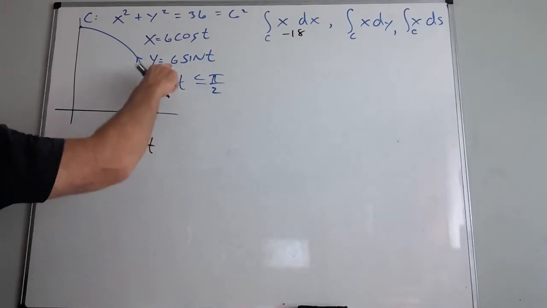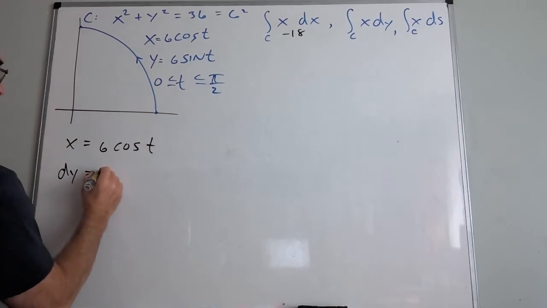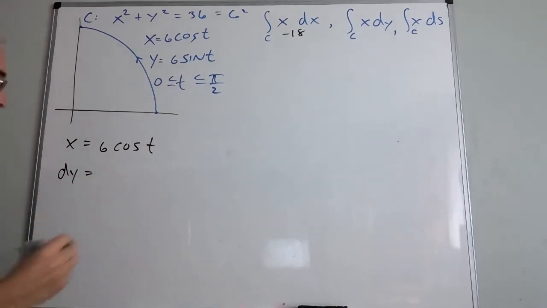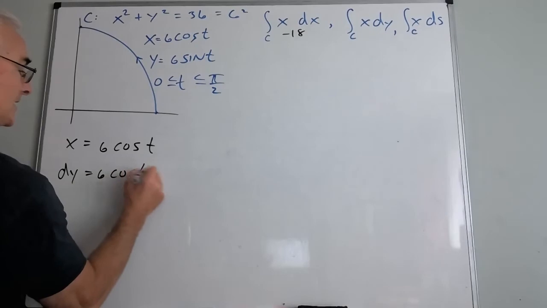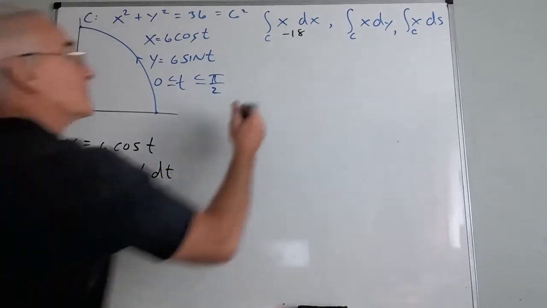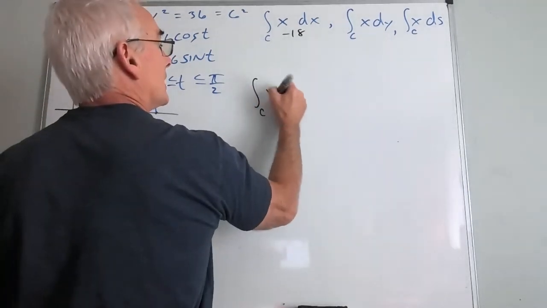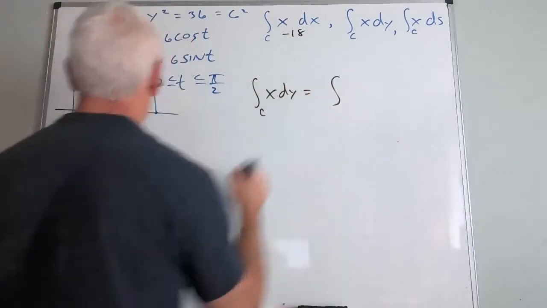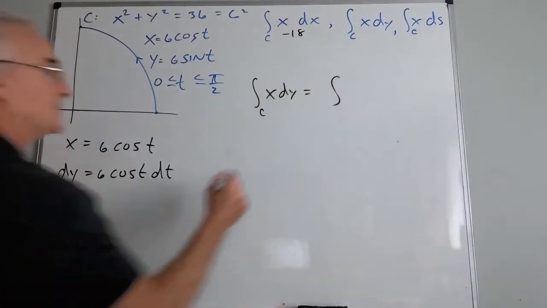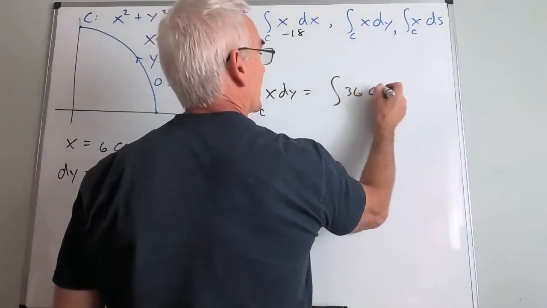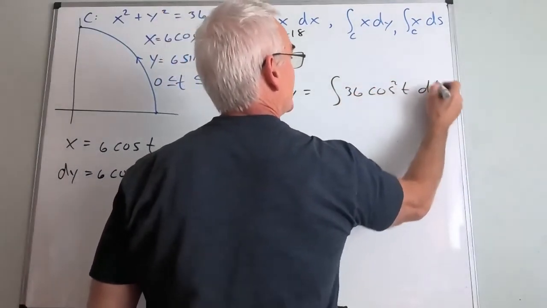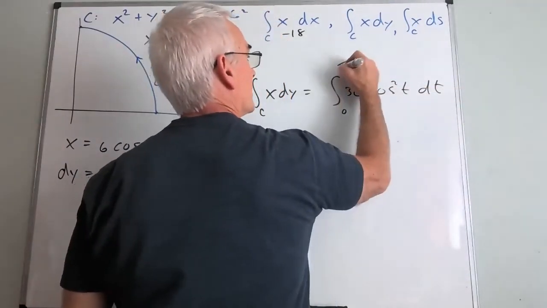What's dy? 6 cos t dt. So my integral x dy is going to be the product of these two. That will be 36 cos squared t dt from 0 to pi over 2.